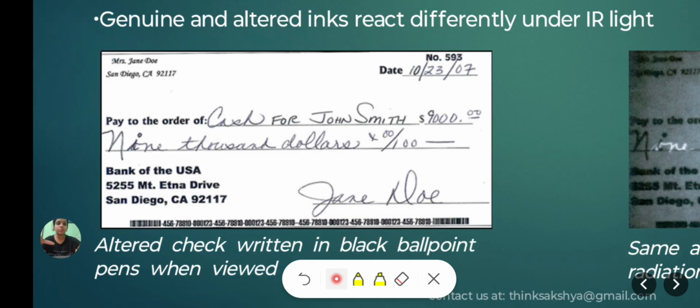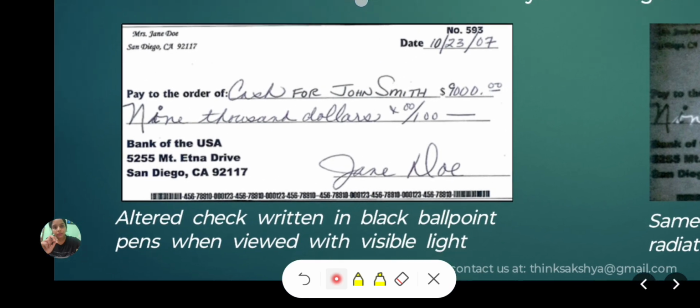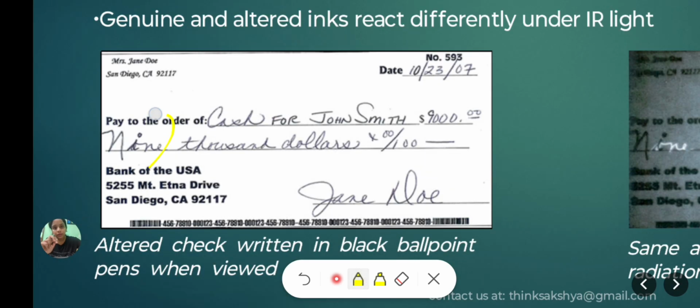The shade is 1% darker or lighter between the two inks, and we can see the alteration is over here. There is alteration present over here, and secondly alteration is over here, and the difference between the two blacks, one black is this and the second black is this, so there's a difference between two blacks.